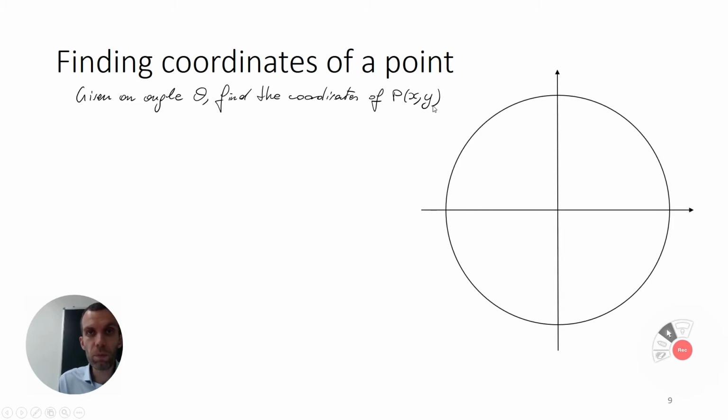And so there's a couple of easy cases that we can do first, and that you can more or less read off from the unit circle. The first one that we'll look at is the angle pi over 2.